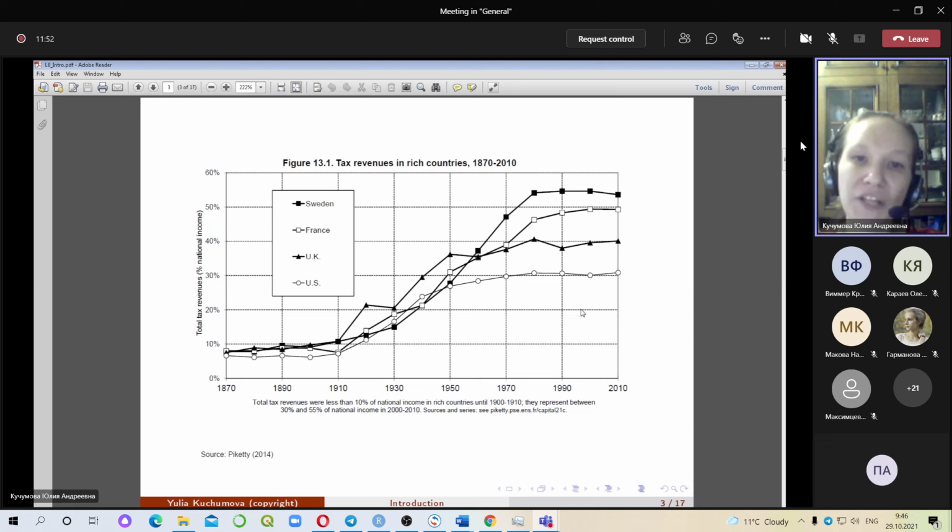The tax revenue as a percent of GDP reflects the size of the government, the role of the government in the economy, because this is the money they collect, and also the money that they then spend.